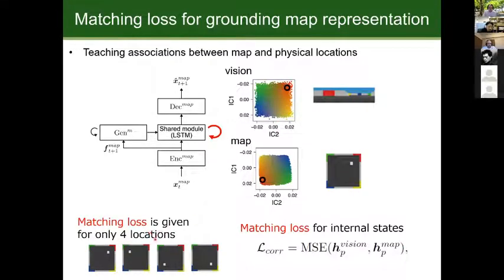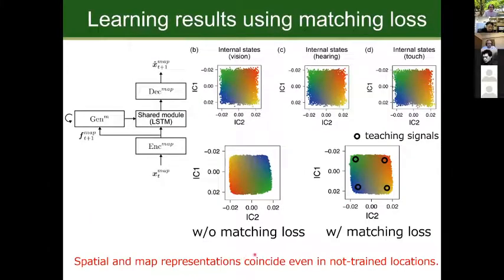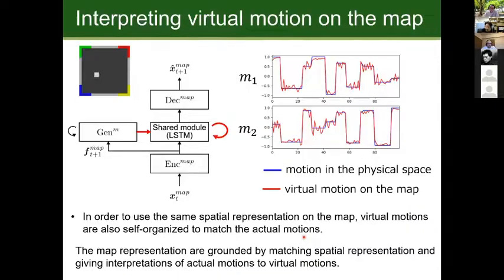The matching loss is actually given to only 4 locations. And this is the result. Without the matching loss, the internal representation is not corresponding to these. But with the matching loss, the internal state corresponds to the other sensor modalities. So spatial and map representation coincide even in non-trained locations.